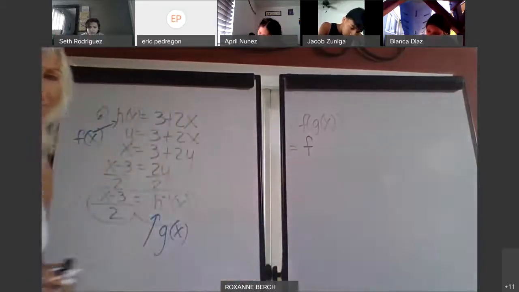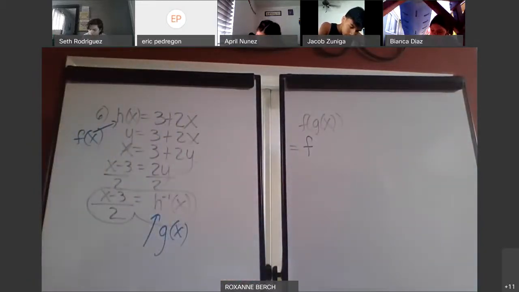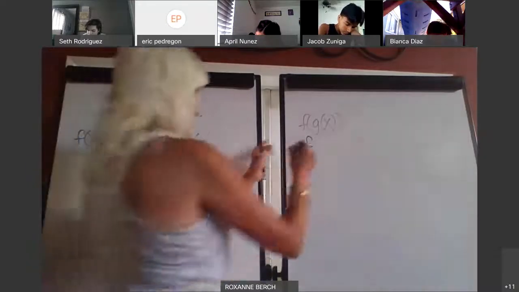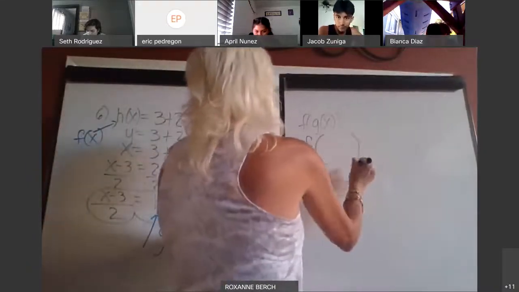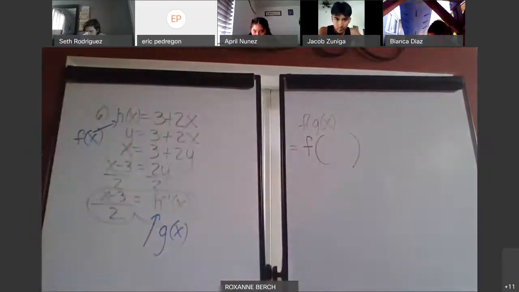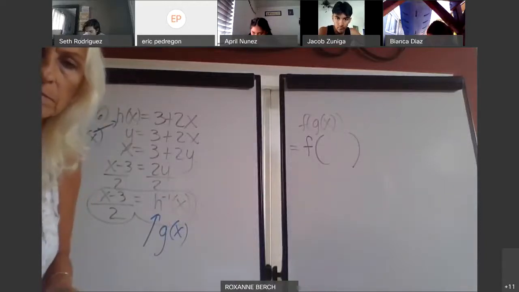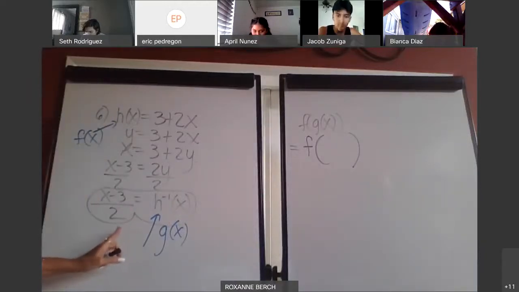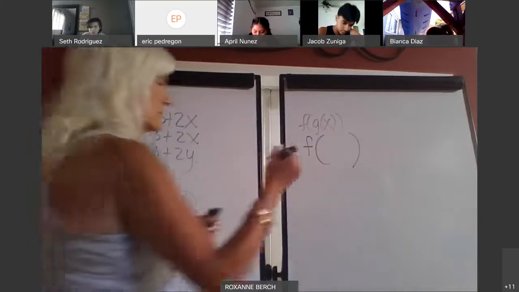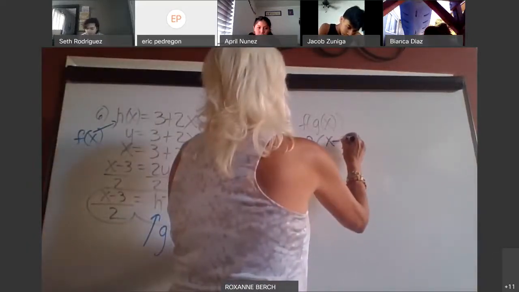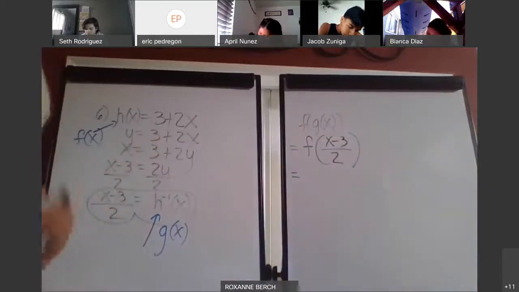F, right? What is the G function? X minus 3 divided by 2. Good. All right, now, aren't we going to write down the F function?